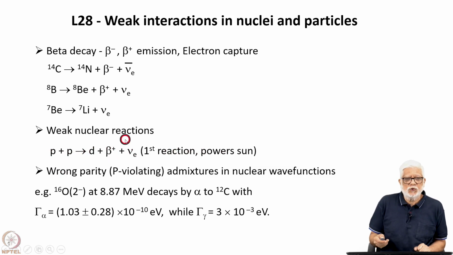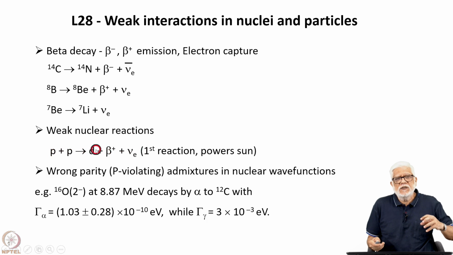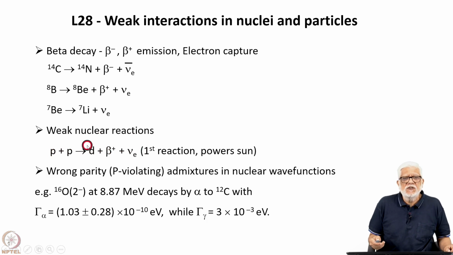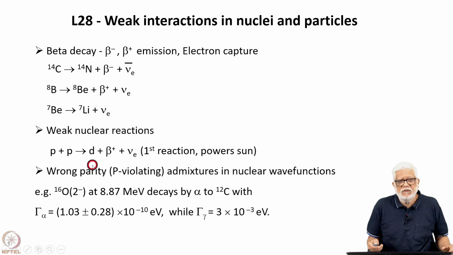So, this is a weak process and is fortunate because since this process goes through the weak interaction, it's rather slow, the cross section is very small, and that leads to a very slow burning sun which enables it to live for, it will probably live another 5 billion years more at least.